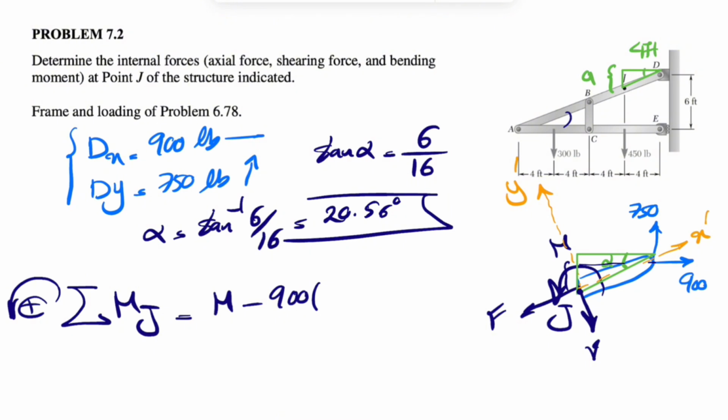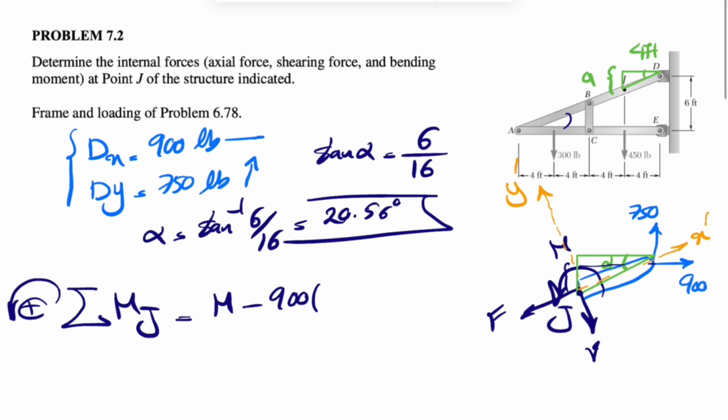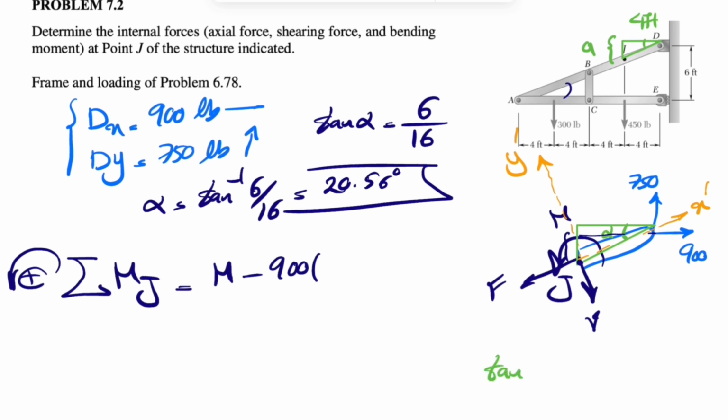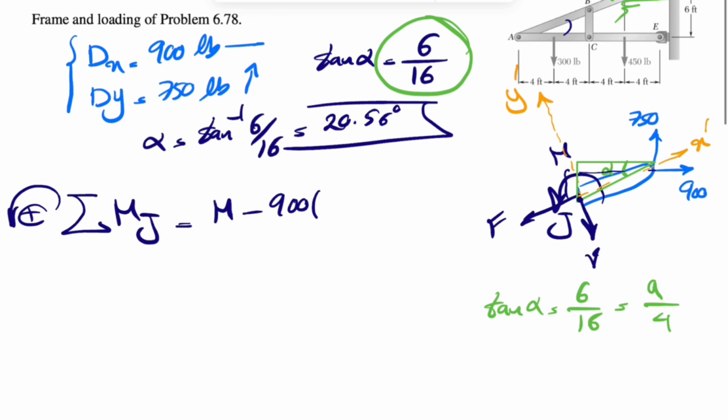We can call it A, but keep in mind that we have this angle now, so it should be easy to find A. Basically, the tangent of alpha, which was 6/16, in that triangle, the green one that I'm showing, is A over 4. So A would be 6 times 4 divided by 16, or 24/16. If we divide by 8, it will be 3/2, or 1.5.